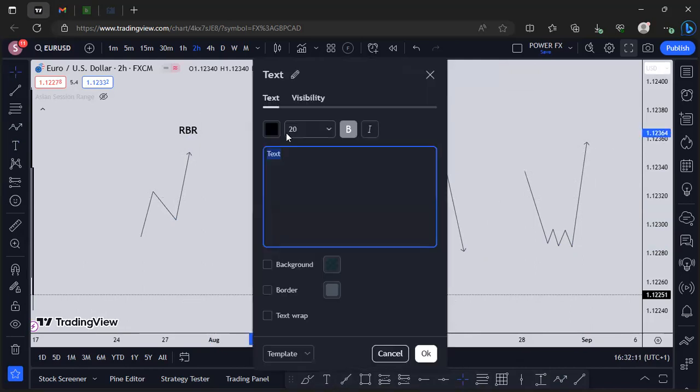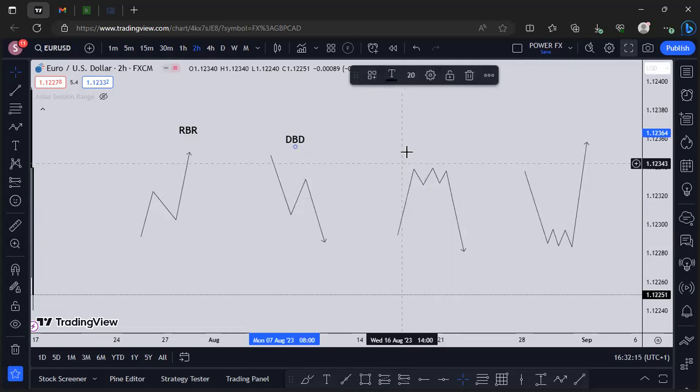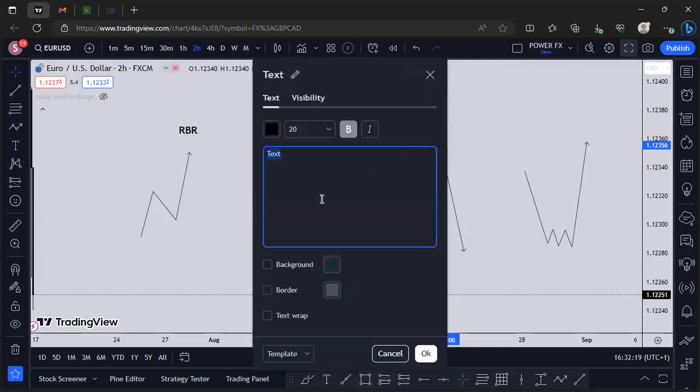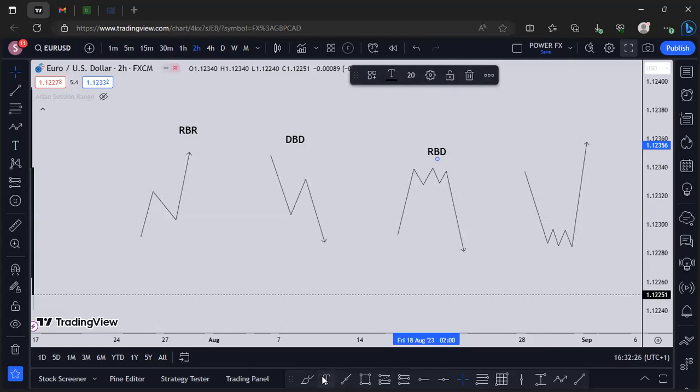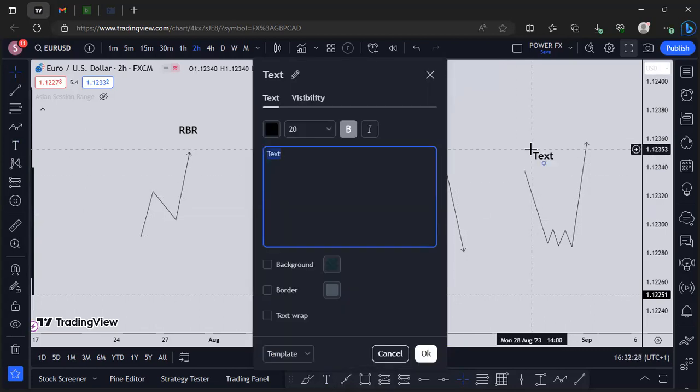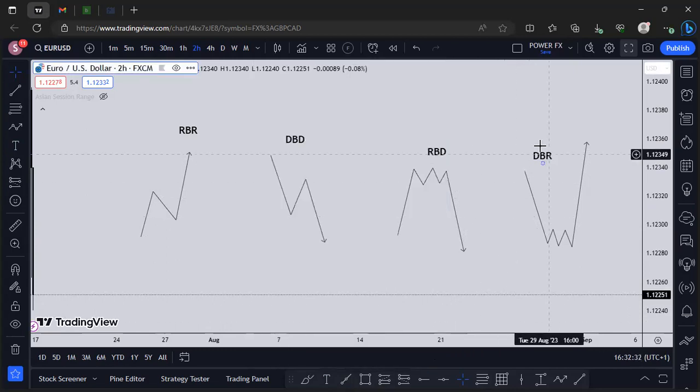Here we have drop base drop. Same thing goes for here. We have rally base drop, and we have drop base rally. So these are the four types of supply and demand we have.